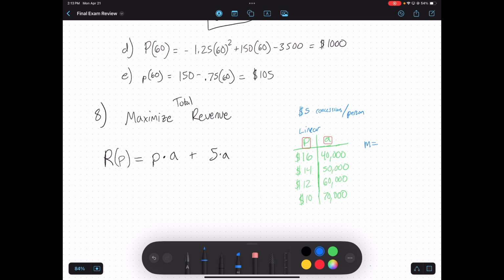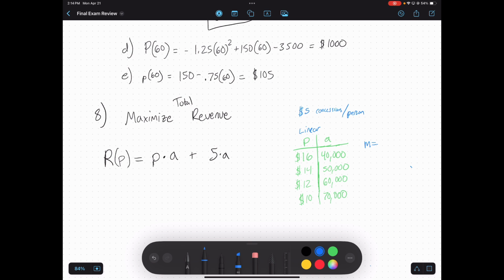Remember, we want P to be my independent variable, so we'll treat this as my X and this as my Y. Remember, we're treating the A as my Y. So change in Y over change in X, so change in attendance over change in price.